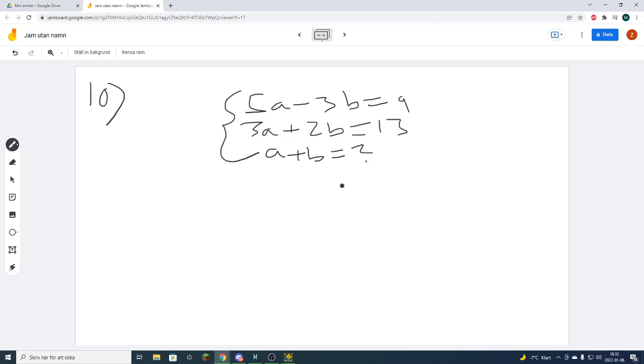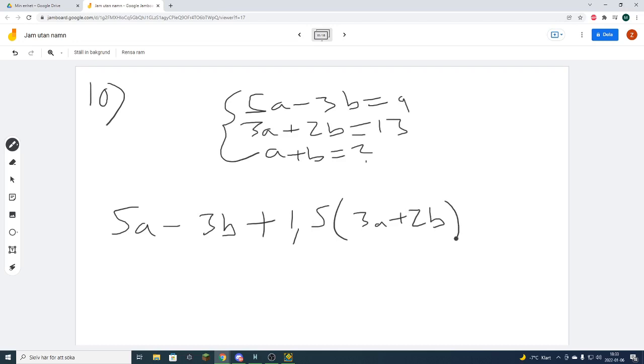I'm going to start by doing this. We're going to have 5a minus 3b. Then we're going to add 1.5 times 3a plus 2b. Now I know the math is going to end up a bit messy, but I just want to isolate one of the variables.